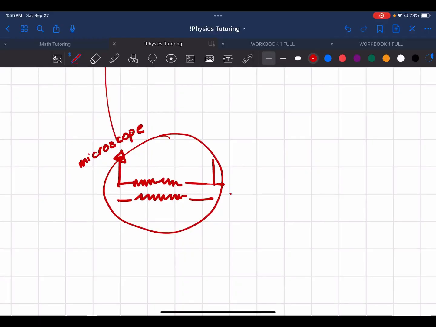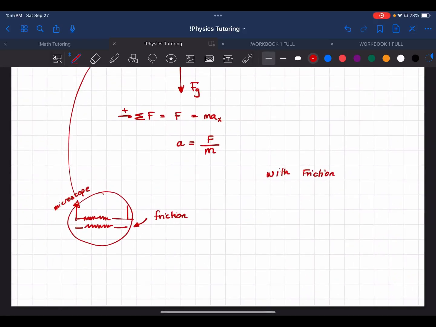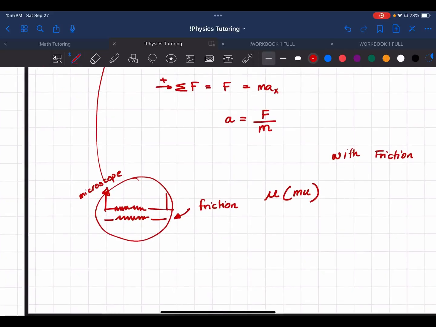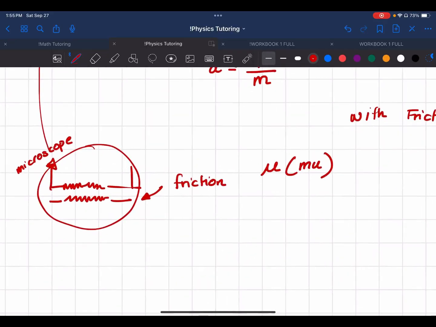So what happens is I create friction there between the two surfaces, and depending on the surface, I can have more friction. The way we do that is with something called mu. The Greek letter mu, right? I think that's how you spell it. I'll have to look it up later.